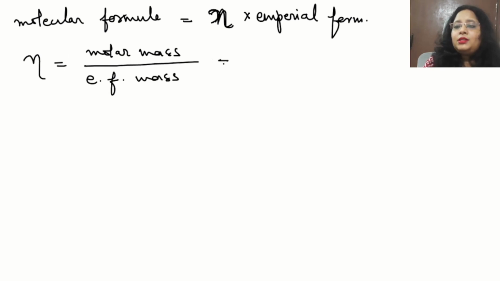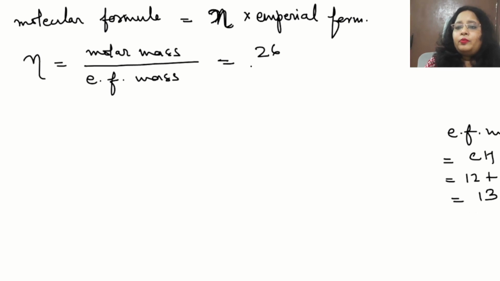Now molar mass, as we calculated, is 26. Empirical formula mass is the mass of the empirical formula. So empirical formula is CH. So here carbon mass is 12, hydrogen mass is 1. So empirical formula mass is 13. Now we will put in the formula 26 divided by 13 and we will get the answer 2. So N's value is 2.